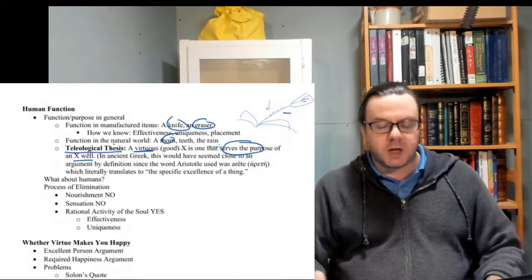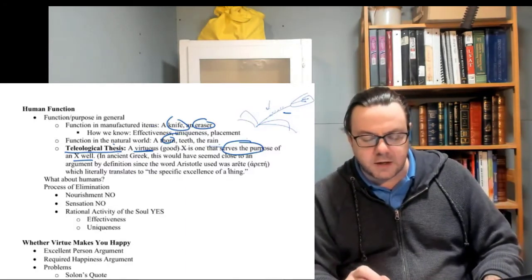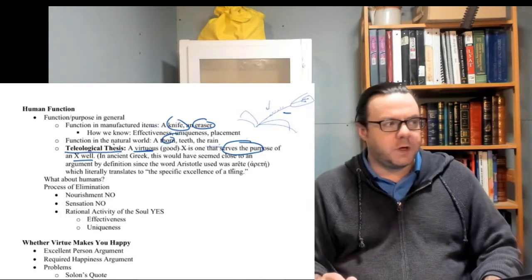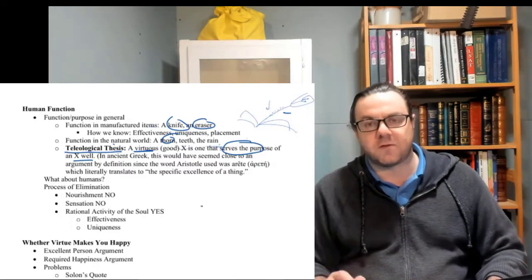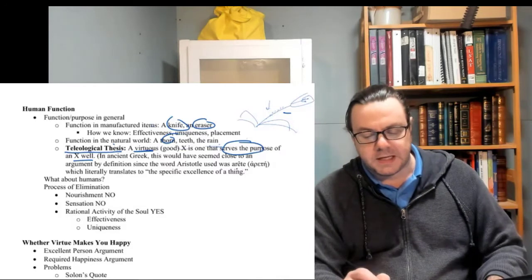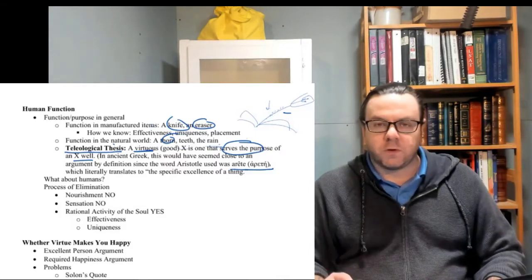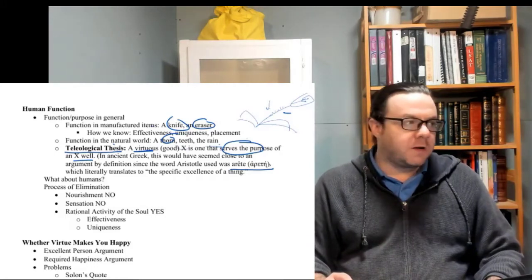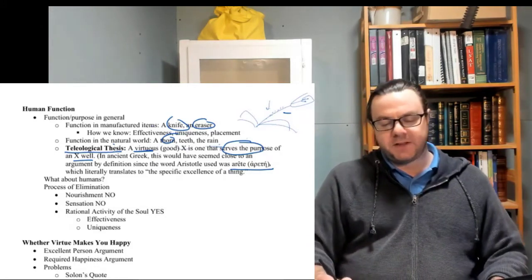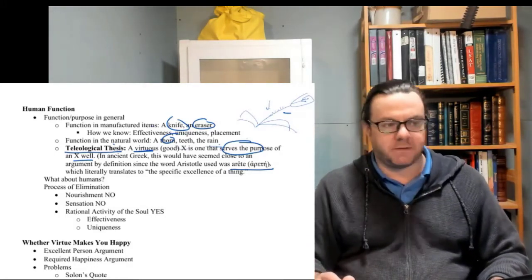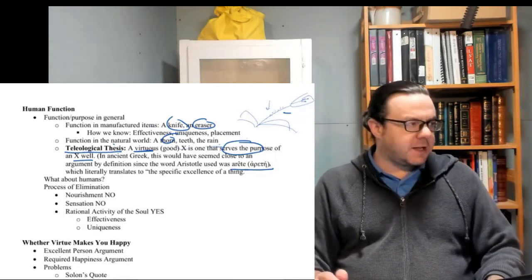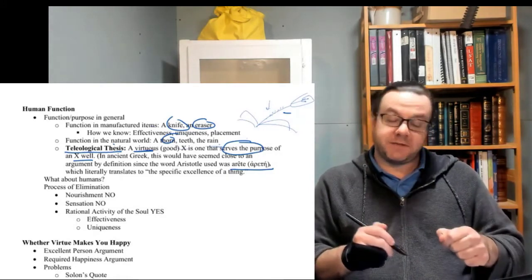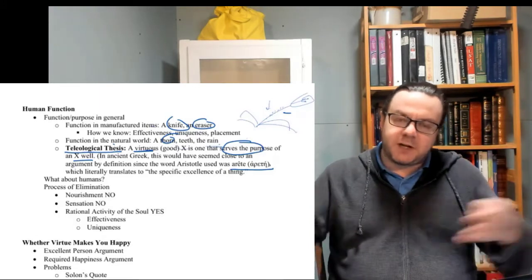And maybe it's a good idea to point out in this case that the word here that Aristotle is using, translated as virtue, is arete. And we're told by experts in ancient Greek that a more precise translation would be the specific excellence of something. So again, it's more closely tied to the idea of what it's supposed to do, what it's particularly good for.